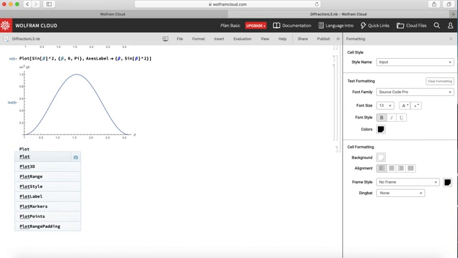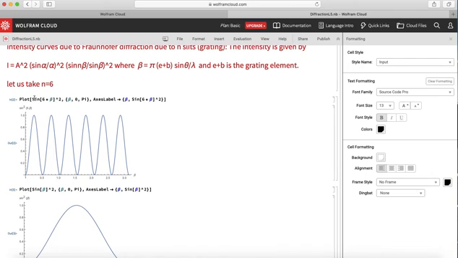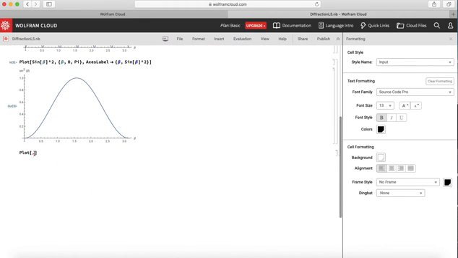Okay, plot. I will copy this sine square 6 beta, let me copy the whole, and I would like to divide this by sine square beta. So, sine square 6 beta upon sine square beta.